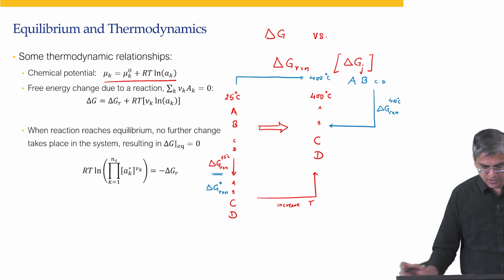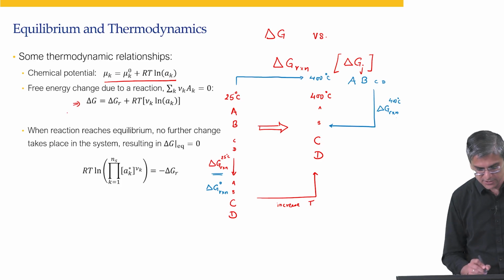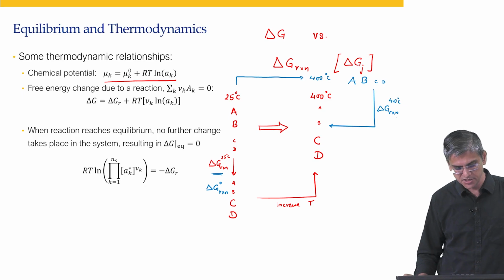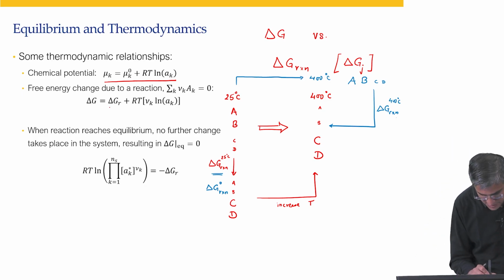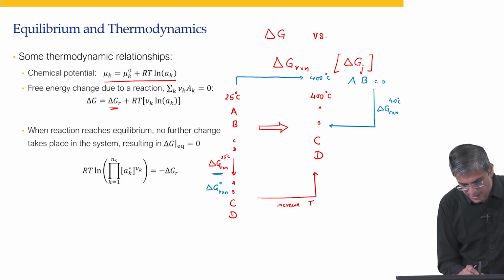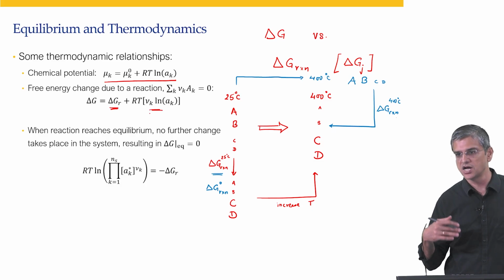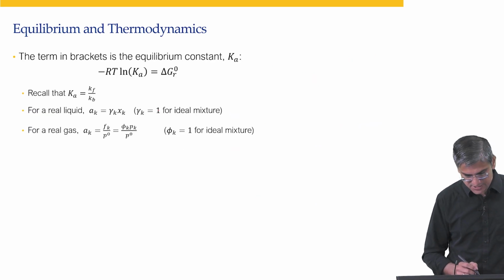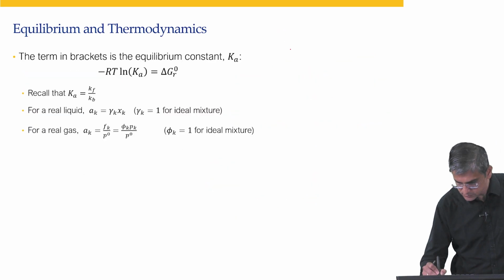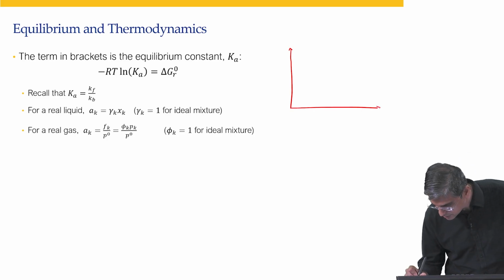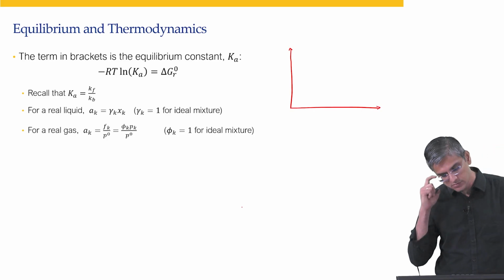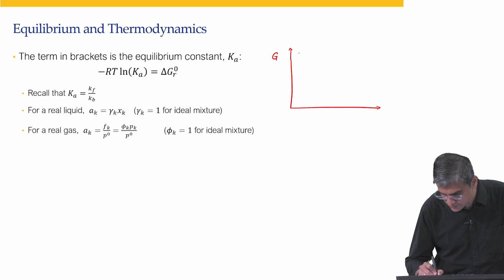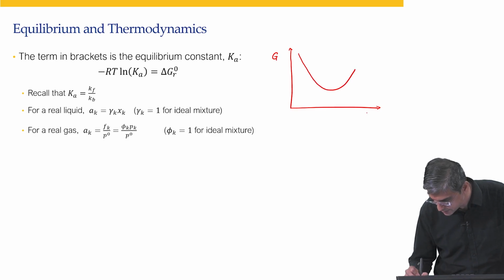So overall change in free energy is because of the ground state change, and what the conditions are at the current point of time. Let us say you are to plot free energies G, not delta G, and let us say it is a reversible reaction and we are only tracking the reaction coordinate.